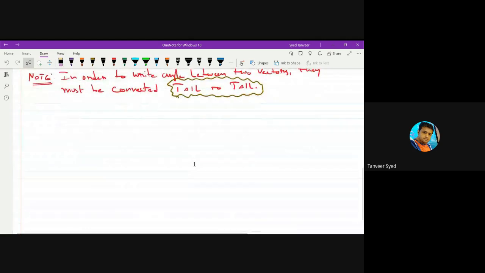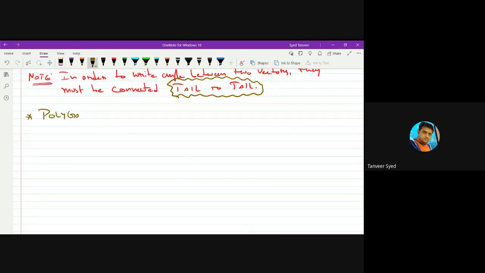Okay, now come back to polygon law. Polygon law of vector addition. What does this law say? We take the statement of the law.